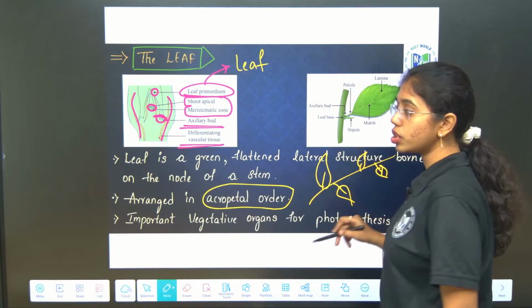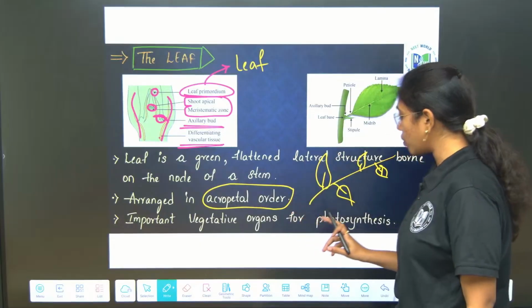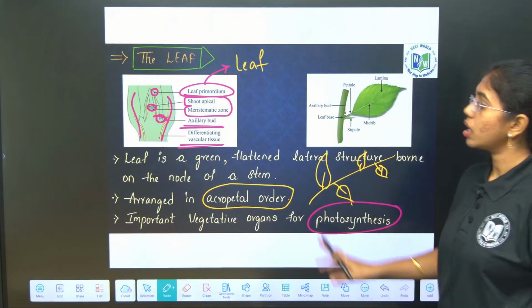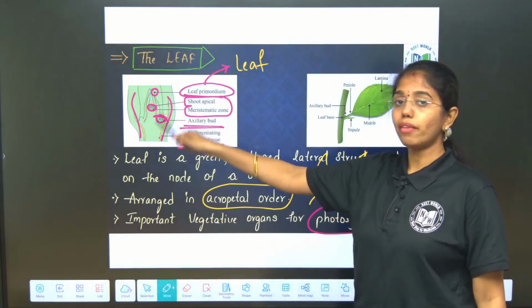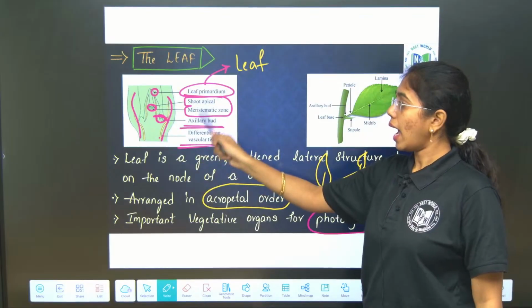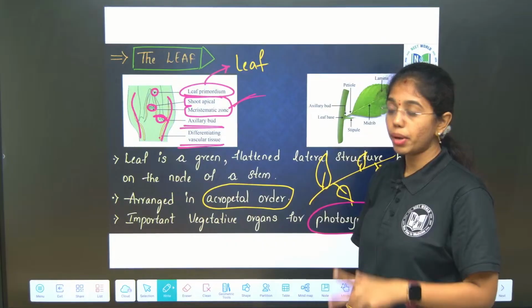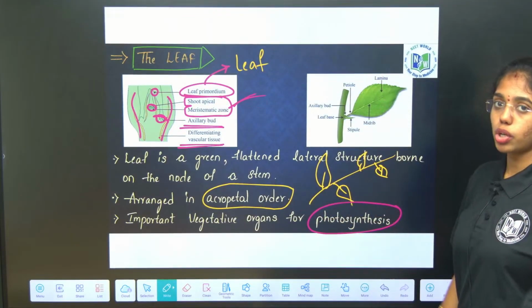So, they are arranged in what? Acropetal order. Leaves are important vegetative organs for photosynthesis. This is the general description, and here you have to know the labelings properly. Shoot apical meristematic region is present at the apex. Remember that. Labelings are very important.